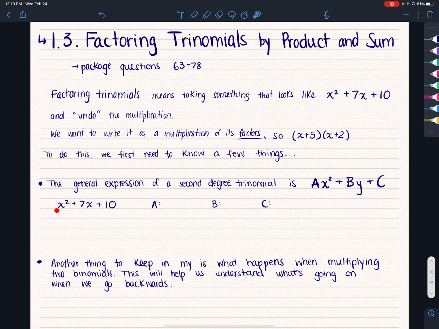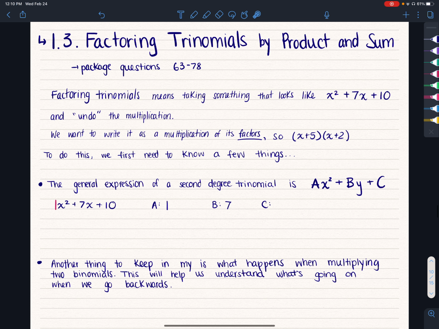So the coefficient in front of my x squared, that's 1. It's there, we don't write it, but it is 1. The coefficient in front of x, that's 7, which means b is 7. And then our constant term is 10, so c is 10. So that's our analysis of our coefficients here. So we have a, b, and c.